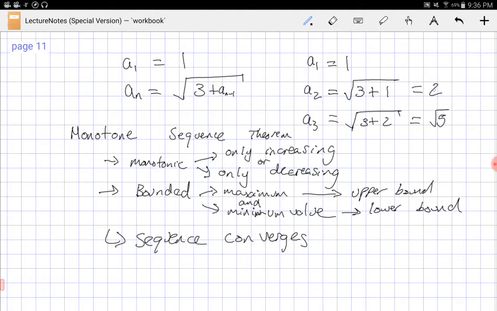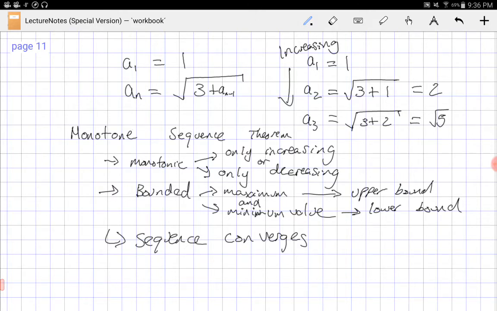Looking at our values here, 2 is bigger than 1, and root 5. So I suspect that it's an increasing sequence. I don't know yet, and that's what my proof will tell me.